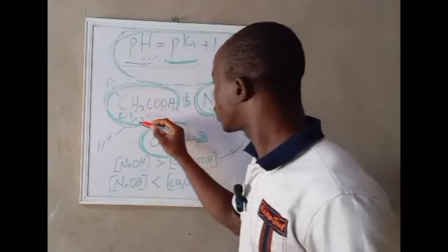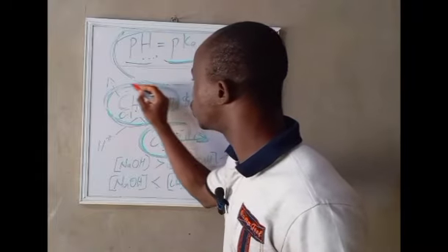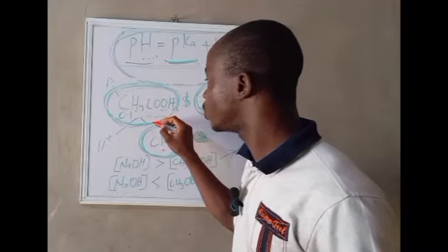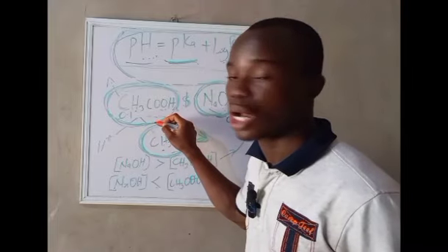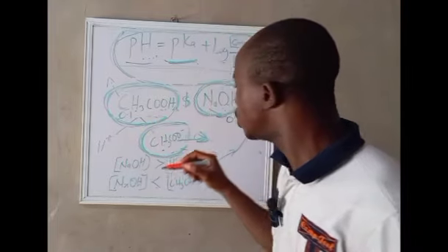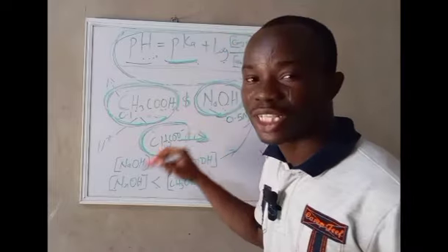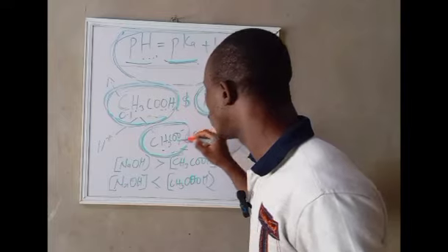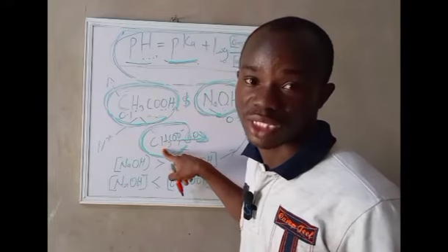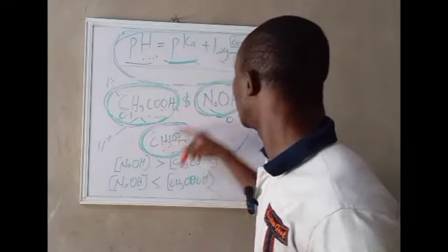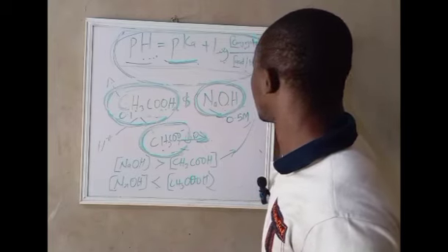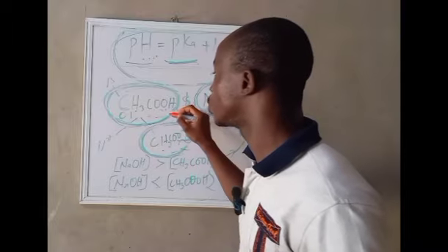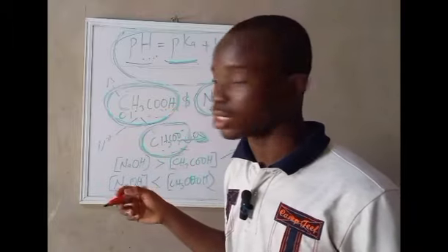Now, initially, some of this will dissociate, but the extent of dissociation of this particular weak acid is very small, such that the initial dissociation will give approximately zero amount of this acetate ion. So this place will be zero, while this place will be approximately 0.1, because this one does not dissociate to a large extent.